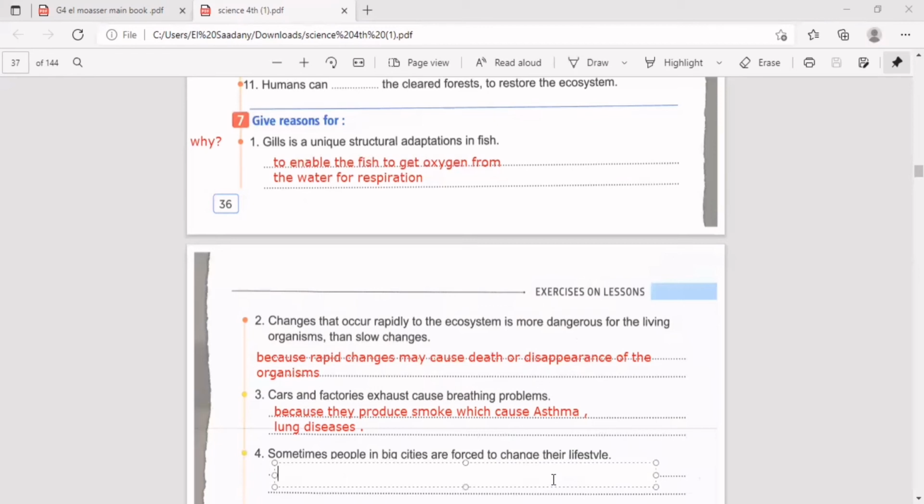The answer would be because the pollution rate is higher in the city. Great. So this is how we can answer the breathing questions. Let's continue.